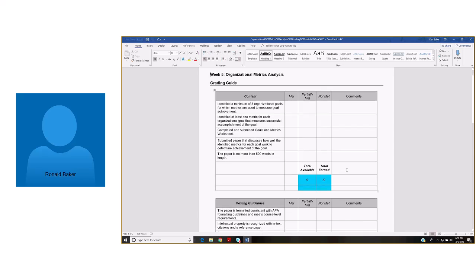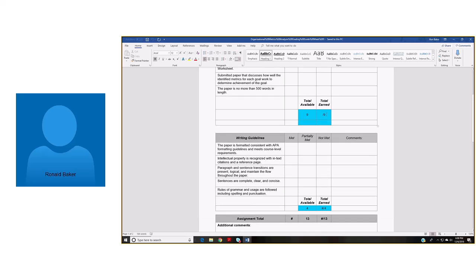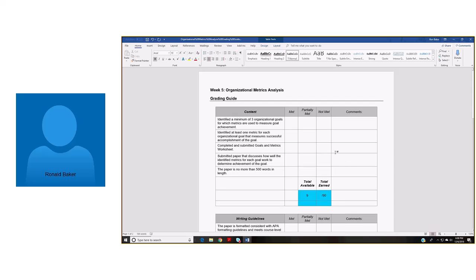So don't worry about this grading guide. You know, it says 13. It's really going to be 130. You can put 90 here and 40 here and 130 here, possible points, and that'll be more accurate. But don't worry. I'm going to be able to give you the appropriate grade based on a 130-point scale. Okay, make sense? I hope so.